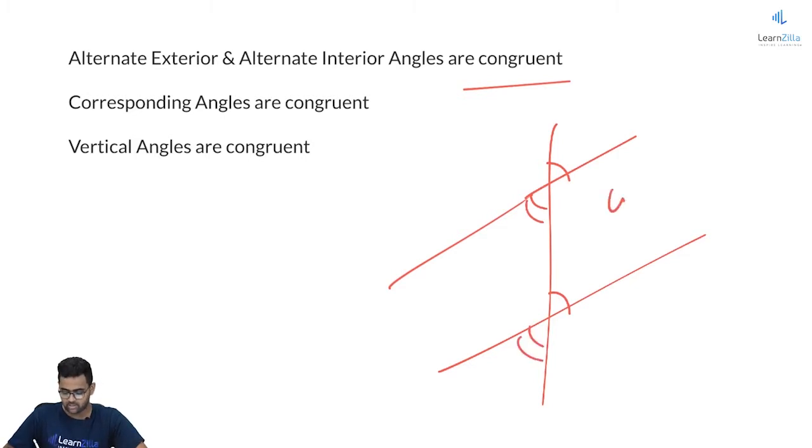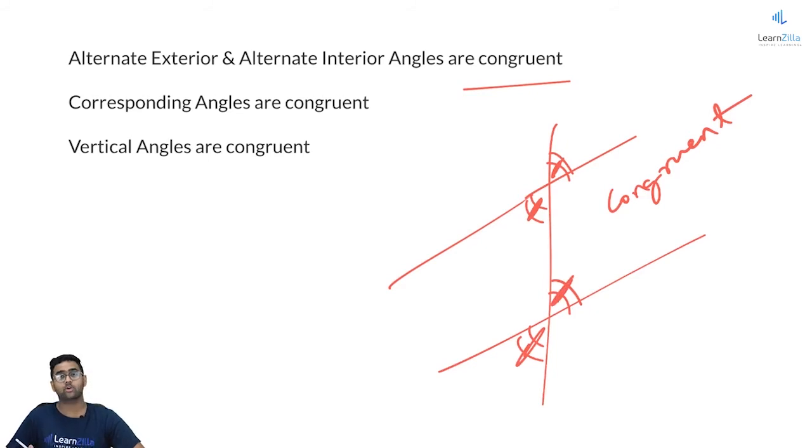Again we are saying that corresponding angles are congruent. We are also saying that vertical angles are congruent. A vertical angle is nothing but this, and similarly for this is the vertical angle. So vertical angles are congruent. That is one more observation that we have made.